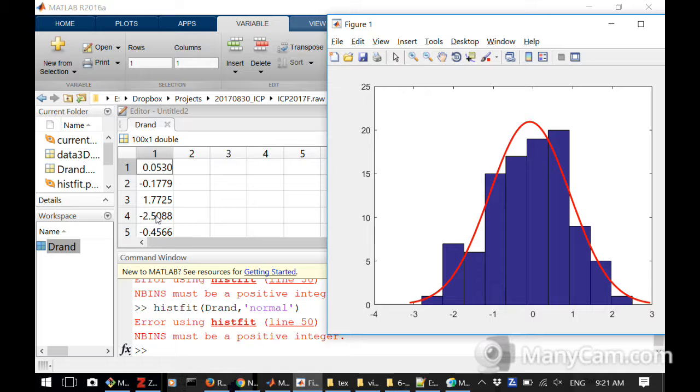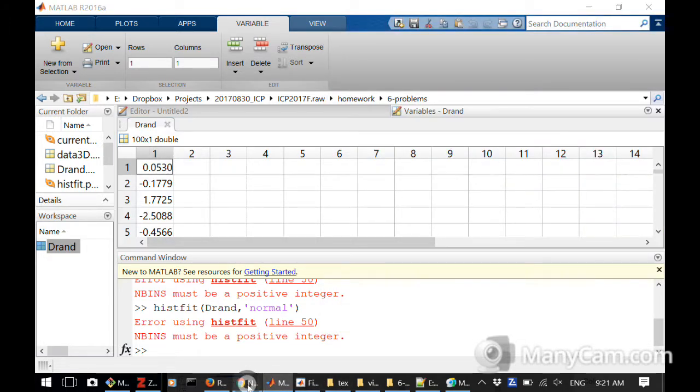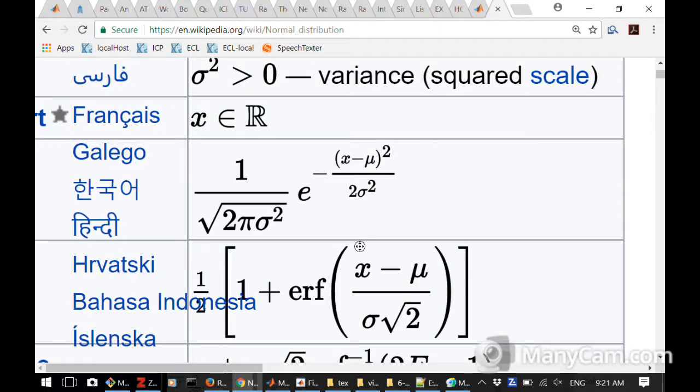Now, I ask you, tell me, what is the probability of observing one of the points that we have in this data set coming from this distribution that I told you? So if you look at the equation for the Gaussian distribution, this is the probability density function. It says if you know the mean and the standard deviation, then the probability of getting a specific number x is given by this equation.